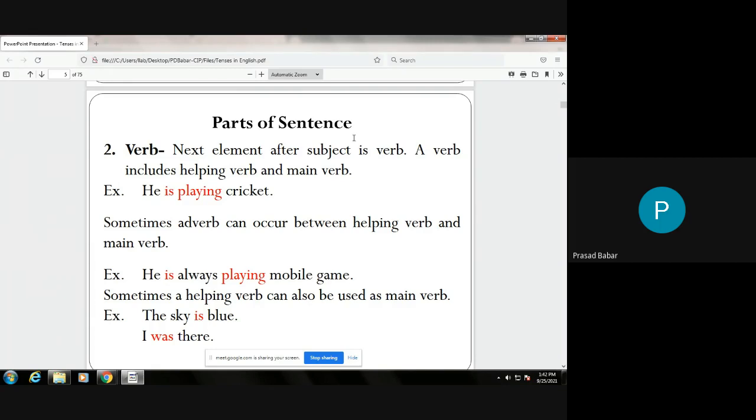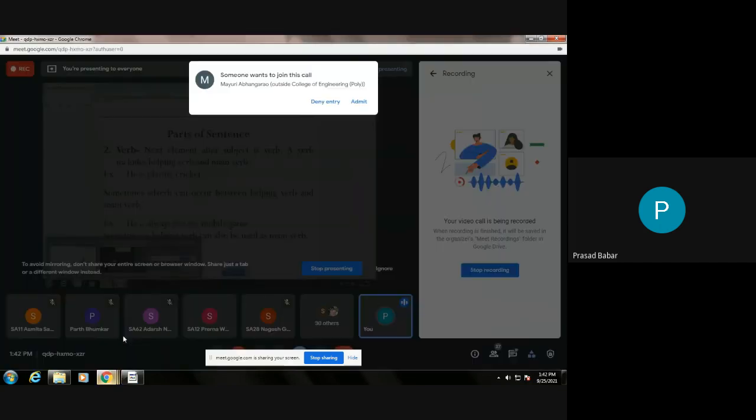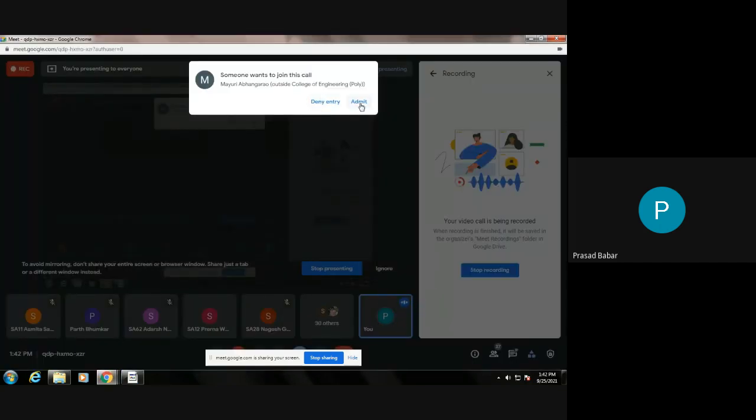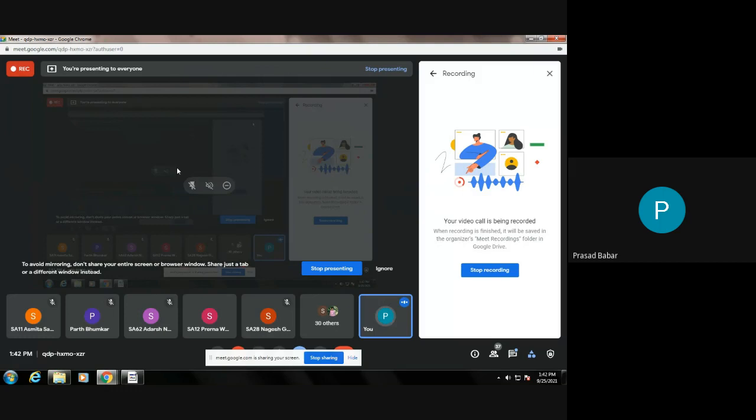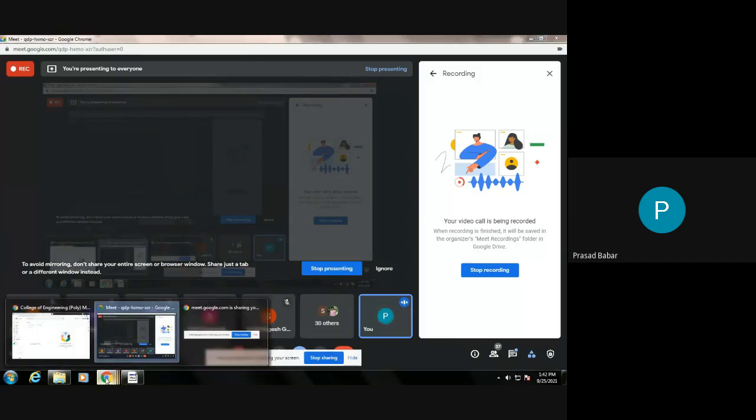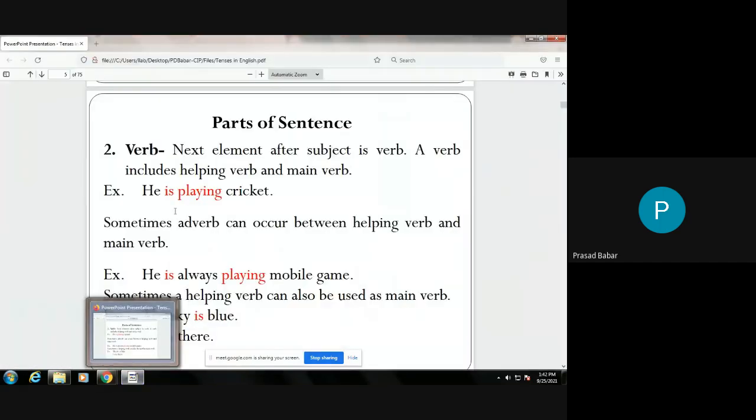Is is the only helping verb present in this sentence. There is no main verb in this sentence. So here is works as the main verb of this sentence.